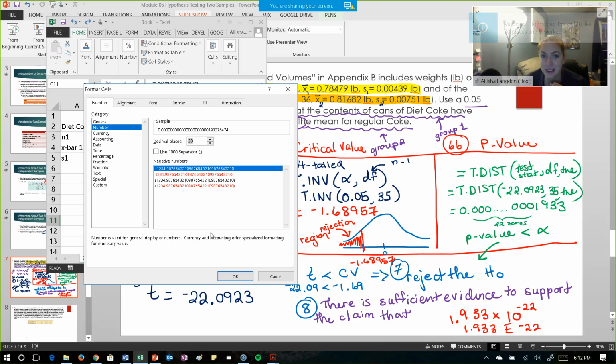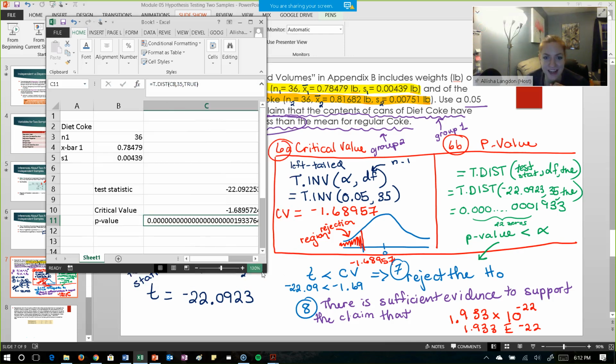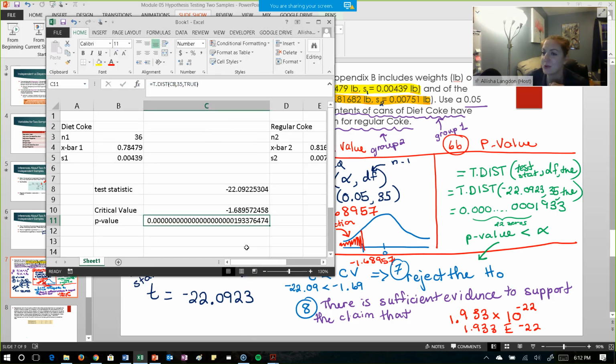Yep, you can format it to 30. Boom. There you go. That's what 22 zeros looks like. So you could technically do that if you wanted to. You know that number is ridiculously small. So automatically reject the null hypothesis, move on with life.